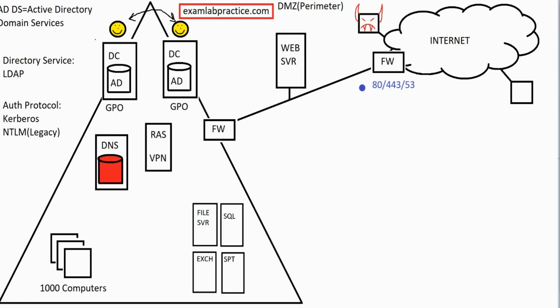Okay, and so even if a hacker somehow hacks this web server, you're not going to allow traffic to pass through this firewall and get to these resources. The only traffic that you might allow would be VPN. Okay, and there's a bunch of authentication and all that has to happen to make that work. All right, so that's the idea of remote access and VPNs in a nutshell for you, as well as the concept of DMZ and the perimeter network idea.